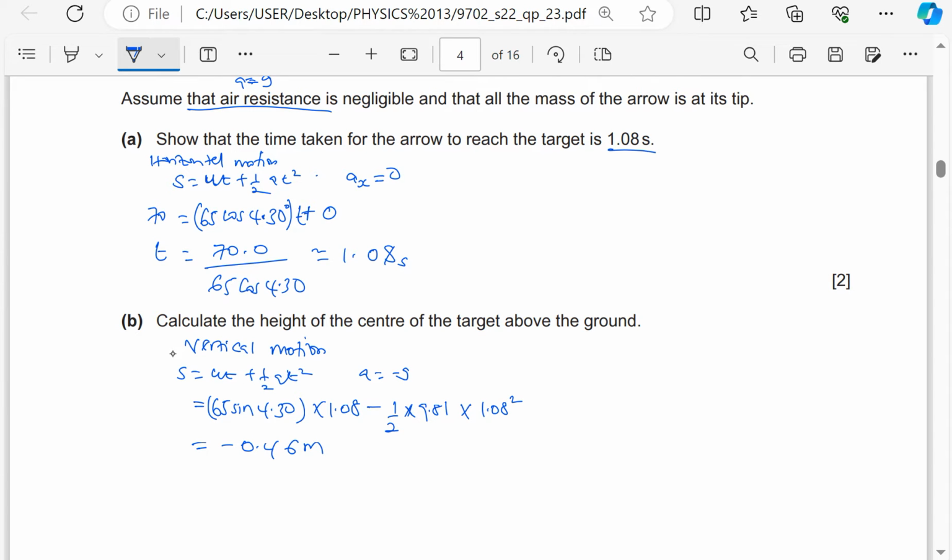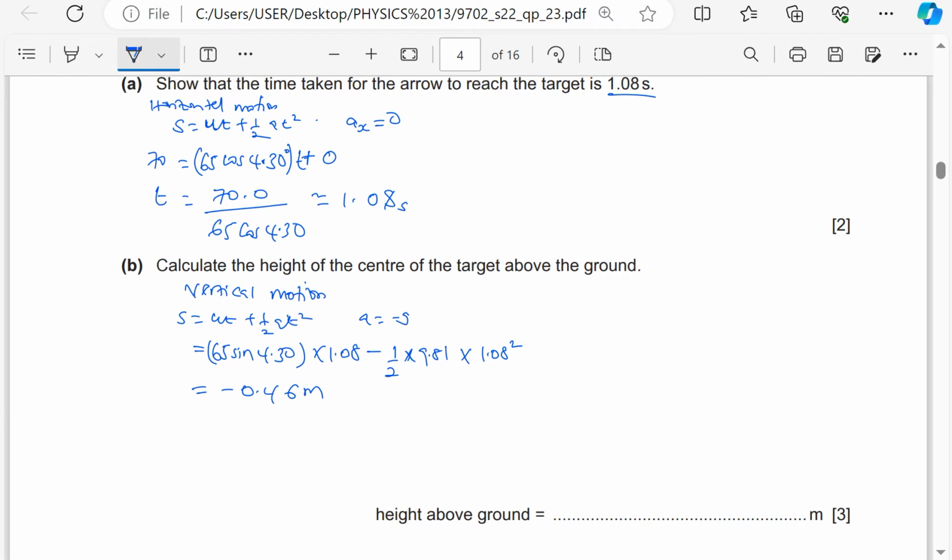So the negative is showing that in the vertical it falls below the point of projection. So the negative means it falls below the point of projection.